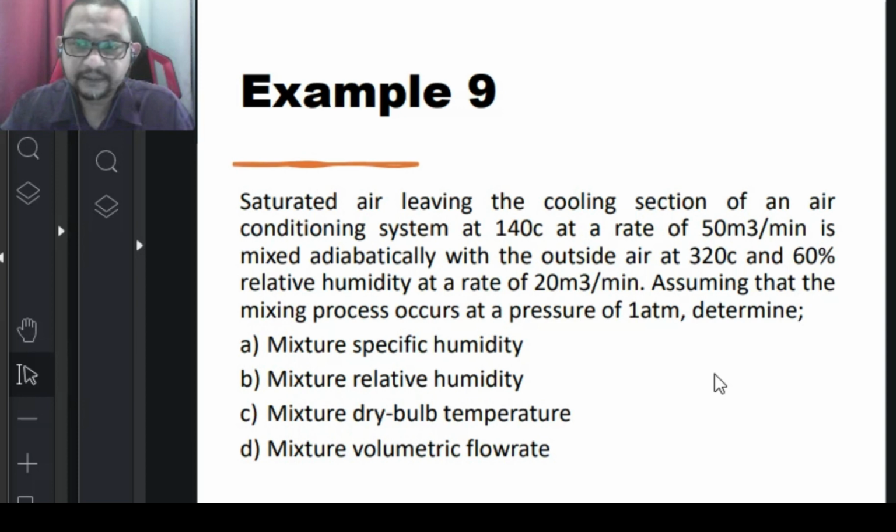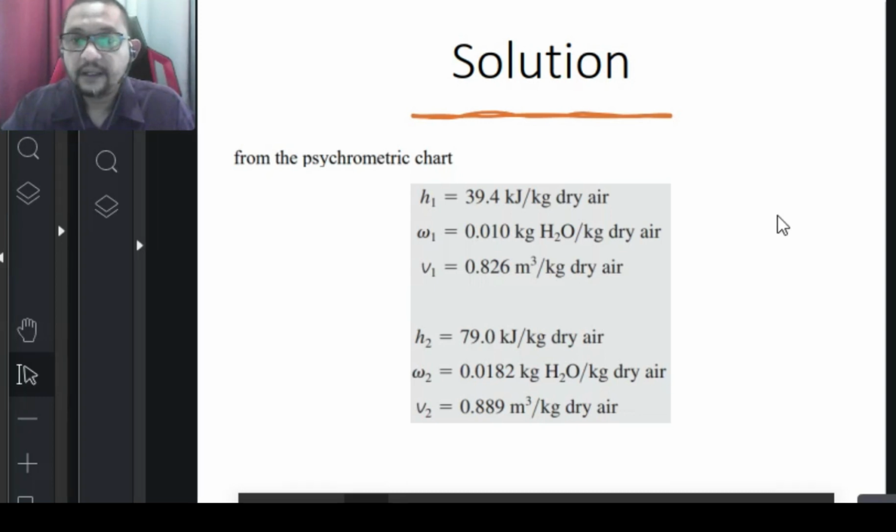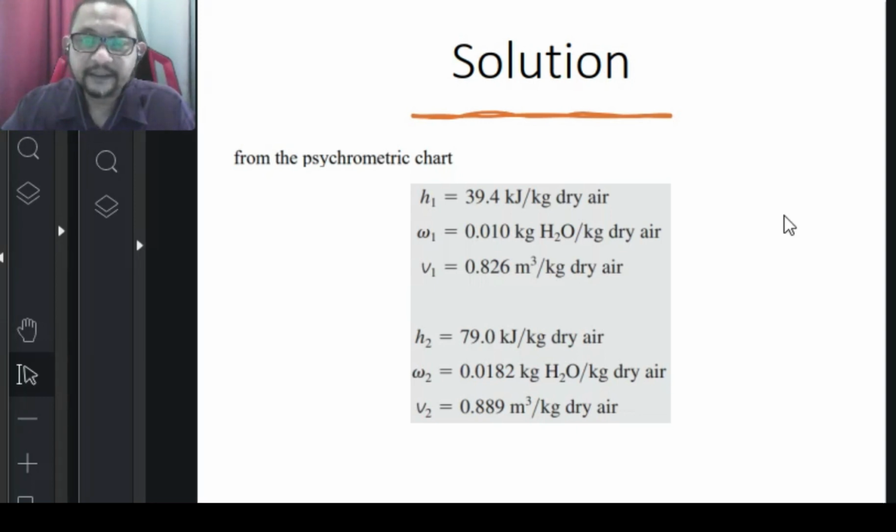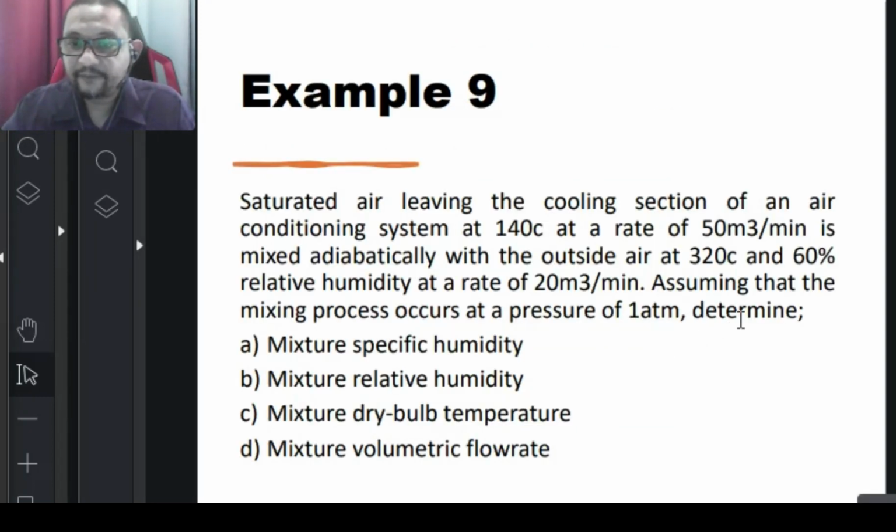Assuming the mixing process occurs at a pressure of 1 atm, determine the mixture specific humidity, mixture relative humidity, mixture dry bulb temperature, and mixture volumetric flow rate.